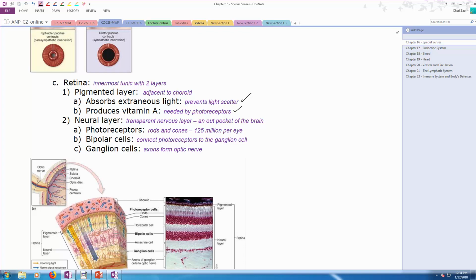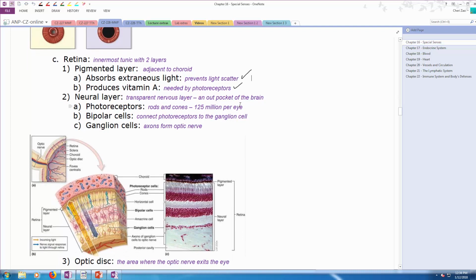All right. Neural layer. It too is transparent. When you guys took a look at it in the lab, it didn't look transparent at all to you guys, right? It was opaque, but that's because we are no longer living and it's also preserved. So interestingly, it too is transparent. It's a nervous layer and it's an out pocket of the brain. And so I liken it to this.